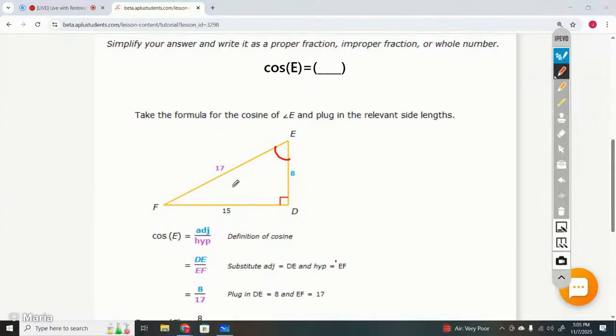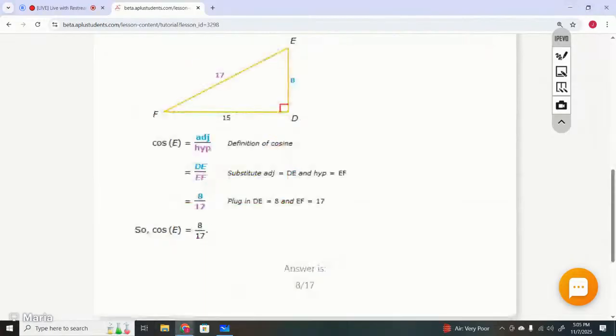So cos of angle E equals adjacent divided by hypotenuse, right? Adjacent is 8 and hypotenuse is 17, right? So that is 8 over 17, and 8 over 17 is cos E. Got it?